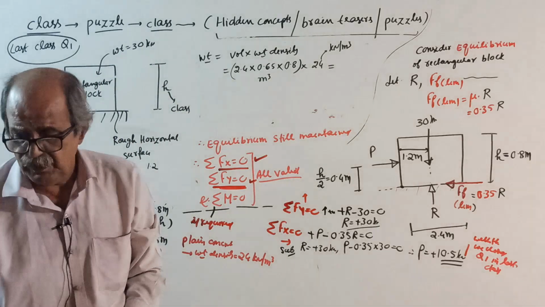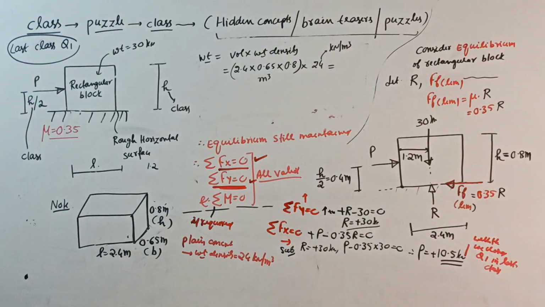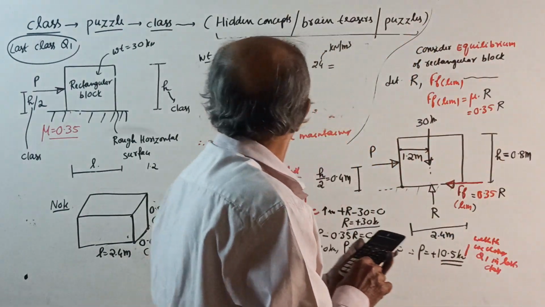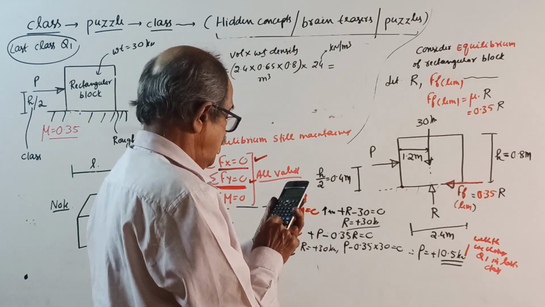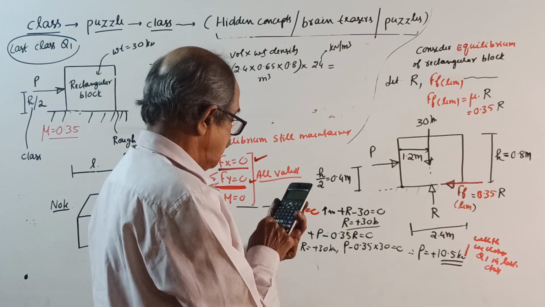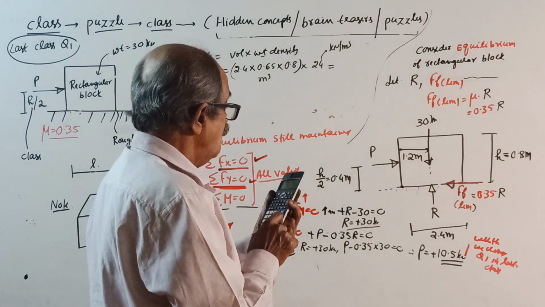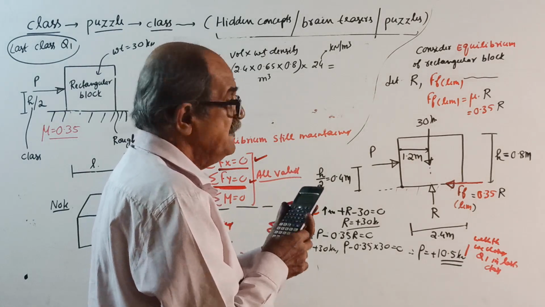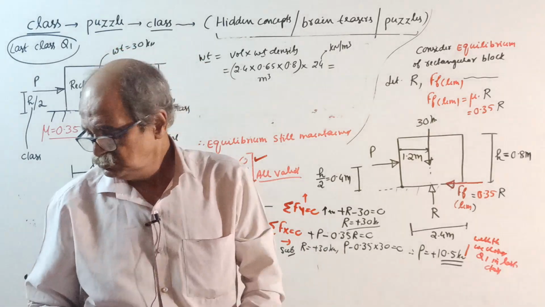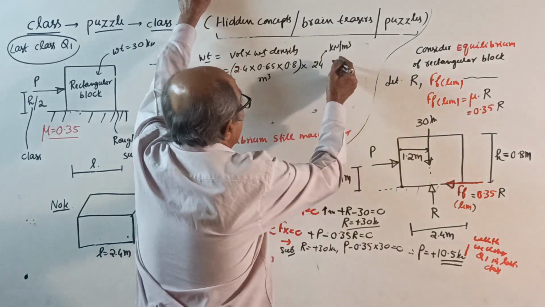This question is actually not difficult. I will tell the reason why I am telling this. So it is how much? 2.4 into 0.65 into 0.8 into 24. It will come 29.952, which I have taken.